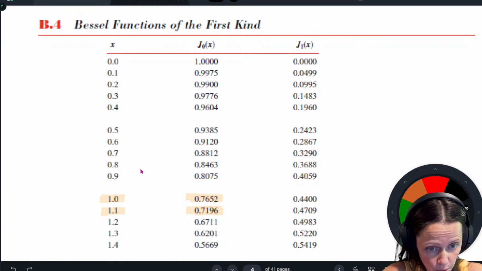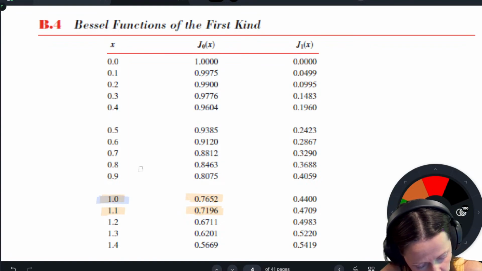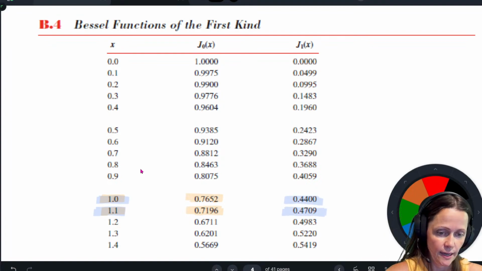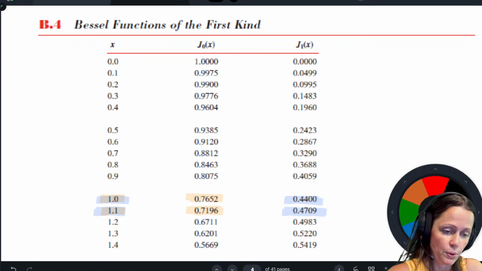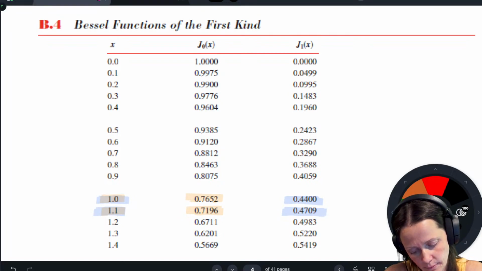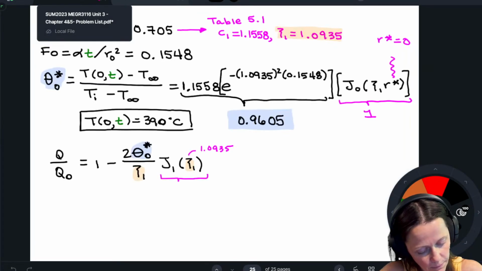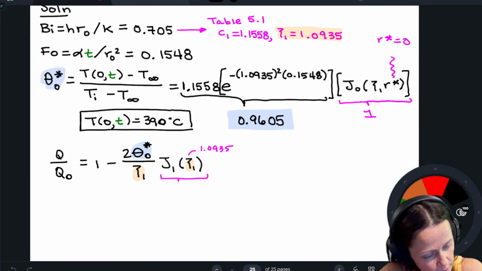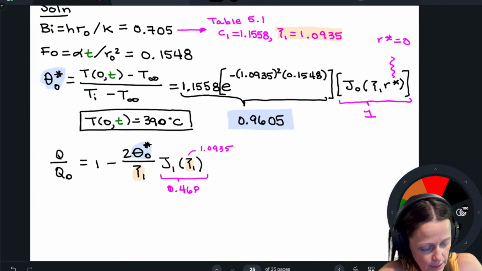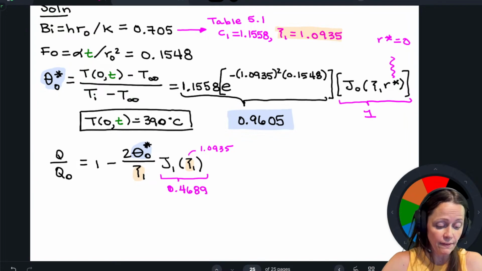So 1.09, it's going to be between this guy and this guy. So I interpolate for a value of 0.4689. So this one ends up being 0.4689. All right, so I have everything there.